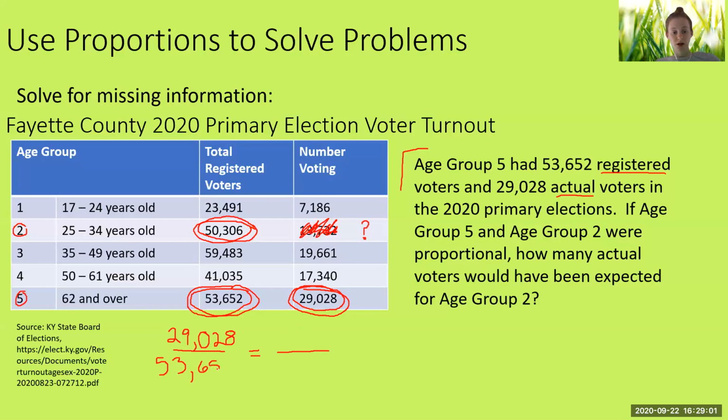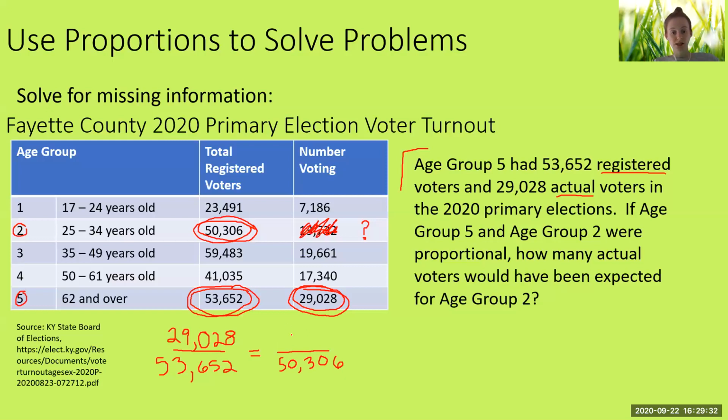Now I'm going to come over here to my second ratio for age group 2. I know how many registered voters there were: 50,306. And I want to know how many actual voters we would expect if this was a proportion.